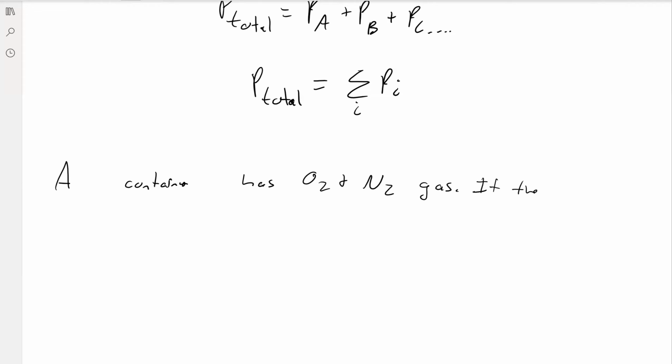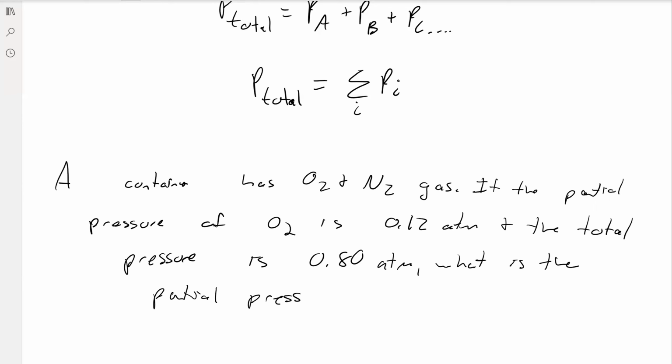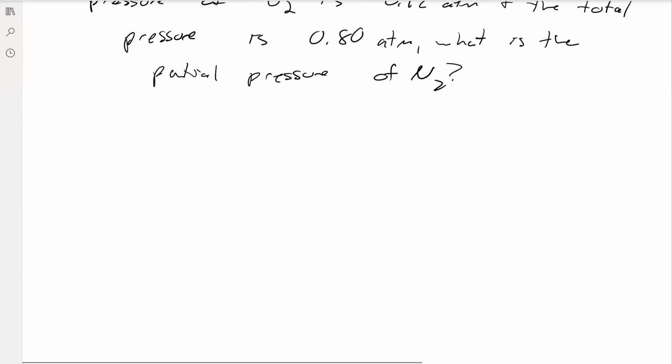If the partial pressure of O2 is 0.12 atmospheres and the total pressure is 0.80 atmospheres, what is the partial pressure of N2? And again, this is just a relatively simple plug and chug problem, right?